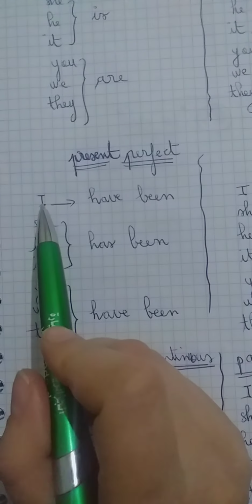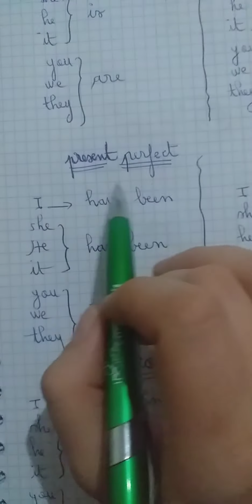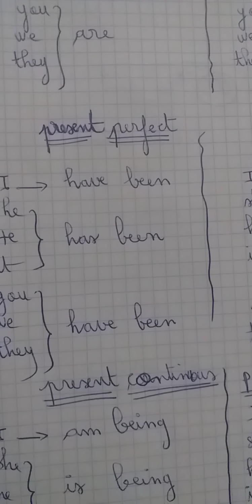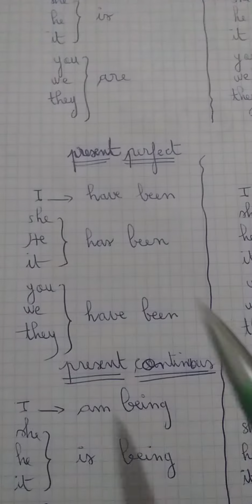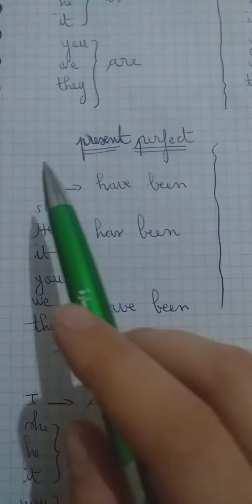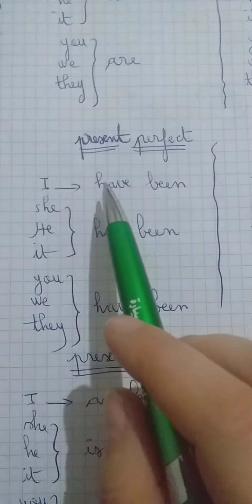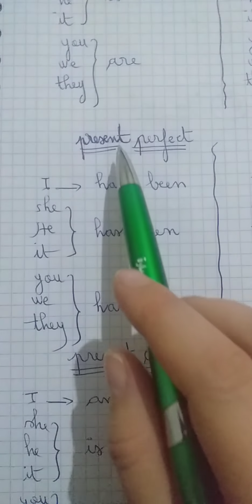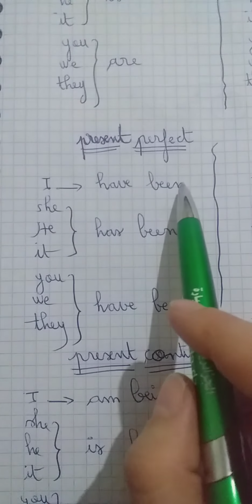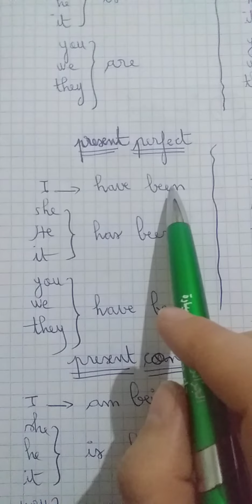In present perfect, as we have said before, the present perfect is formed with the auxiliary to have in present simple plus the past participle of the verb. Here we are speaking about the auxiliary to be.